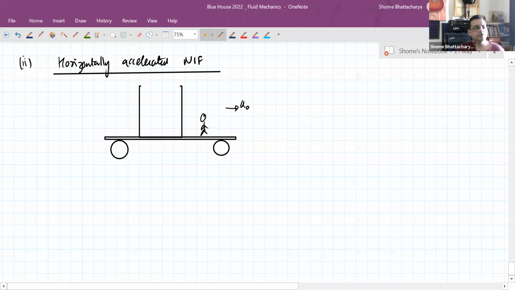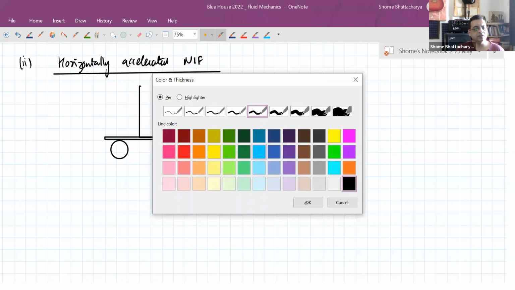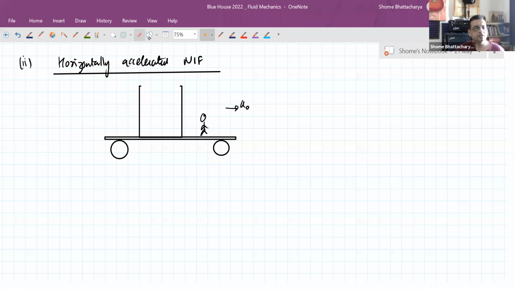So very interestingly, what we'll see is that if there is liquid in the tank, then the level of the liquid will be slanted. The surface of the liquid will be slanted like this. Because it experiences pseudo force. Yes, very good. Because the pseudo force is pushing the liquid back, horizontally back.